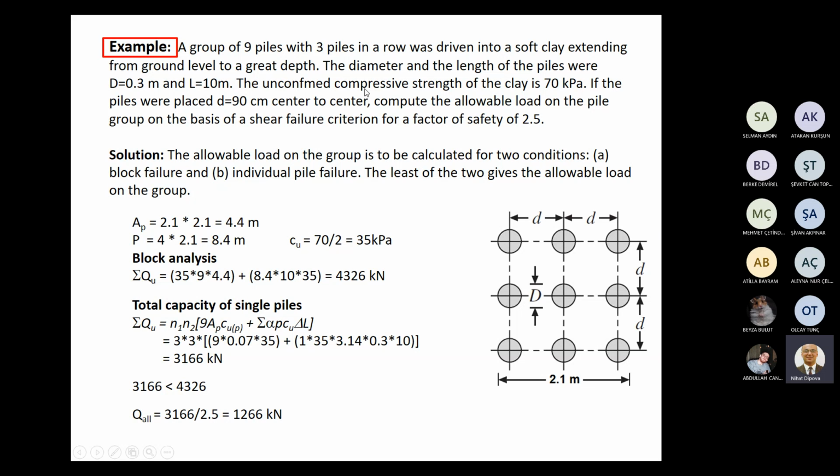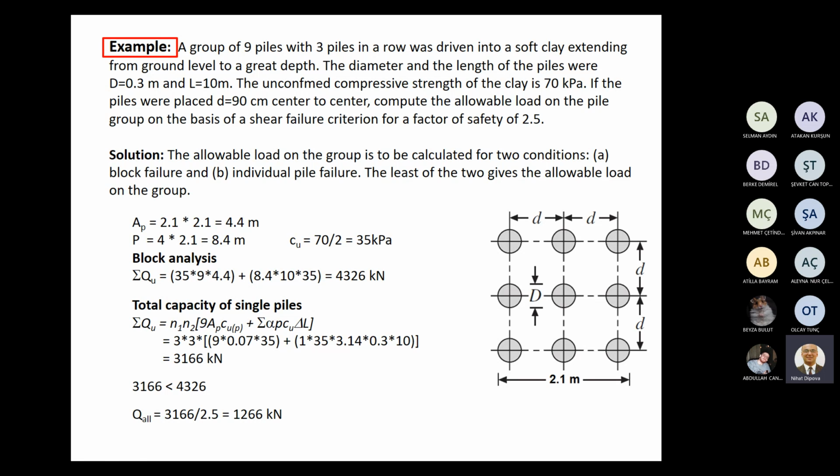The unconfined compressive strength is given as 70 kilopascal. If the piles were placed as shown in this figure, the center to center spacing is 90 centimeters. Compute the allowable load on the pile group on the basis of a shear failure criterion and for the safety factor 2.5.